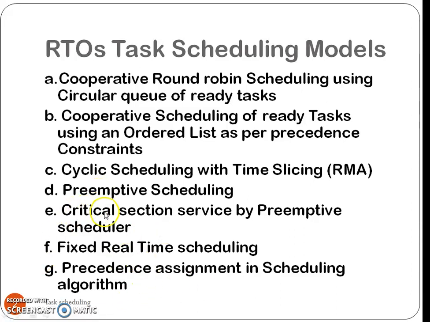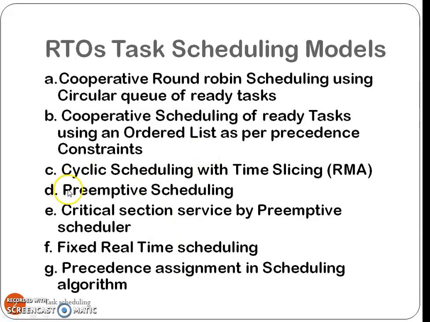Next is critical section service by preemptive scheduler. So in this, for servicing of a critical section, a preemptive scheduler on rising of the service need of the high priority task should not preempt the low priority task in certain cases.